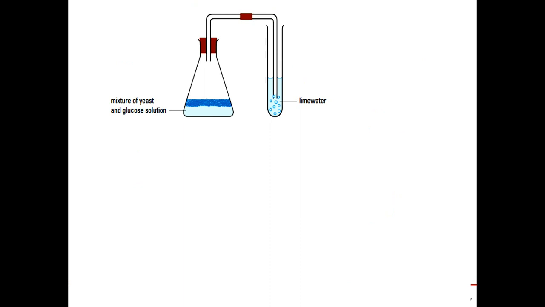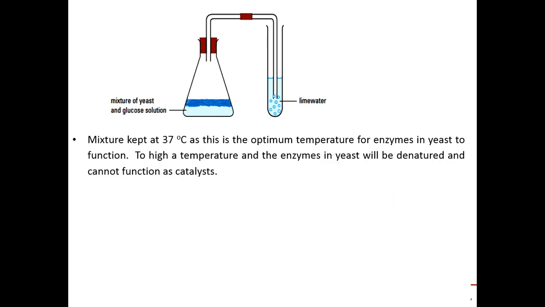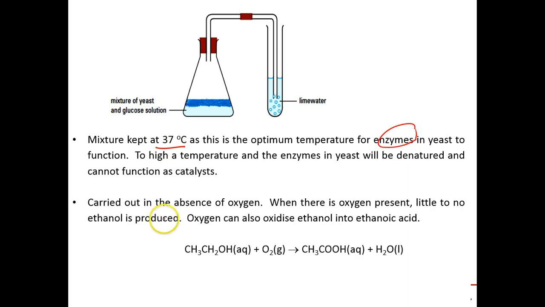There are some things to take note of for this process. Make sure it's 37 degrees Celsius because yeast contain enzymes. Enzymes work at an optimum temperature, and this optimum temperature is 37 degrees Celsius. No oxygen is present, because if oxygen is present, first of all, ethanol is not produced. Why? Because the process of producing ethanol by the yeast is called anaerobic respiration.